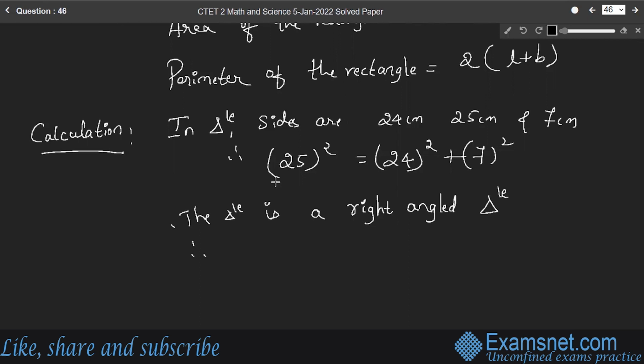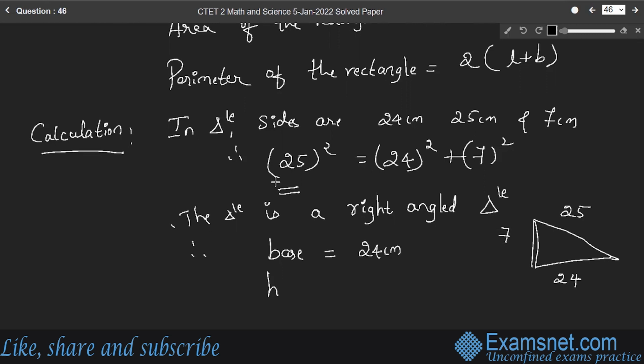Therefore, consider a triangle where hypotenuse, that is its largest side, is 25, and base you can consider 24 as base and 7 as height here. Therefore, base is 24 centimeter, height is 7 centimeter.